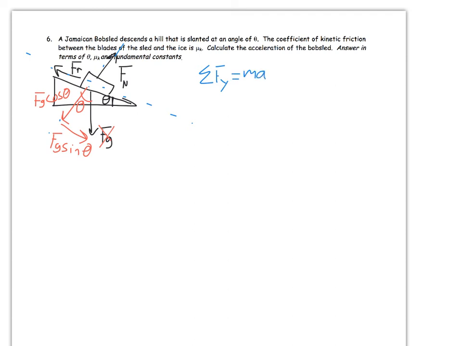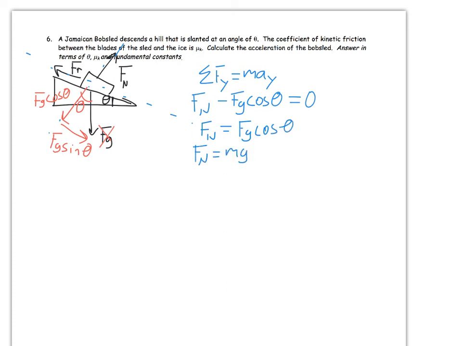In the y direction, I have Fn minus this y component of gravity, Fg cosine theta, and that's equal to 0 because perpendicular to the incline, in our new y direction with our tilted axis, the object's not accelerating. So I can say that Fn equals Fg cosine of theta. So Fn is simply mg cosine of theta.